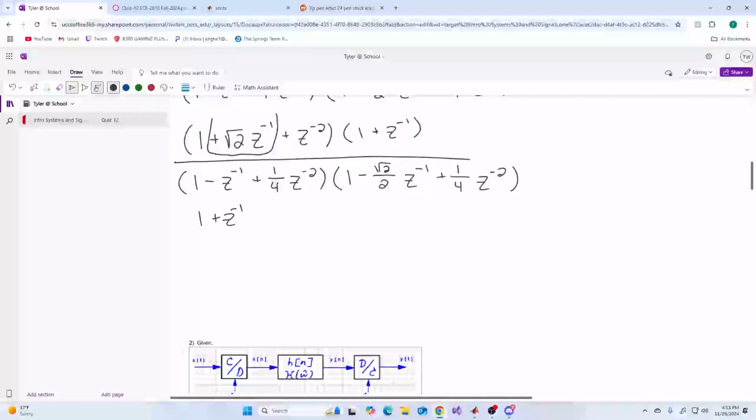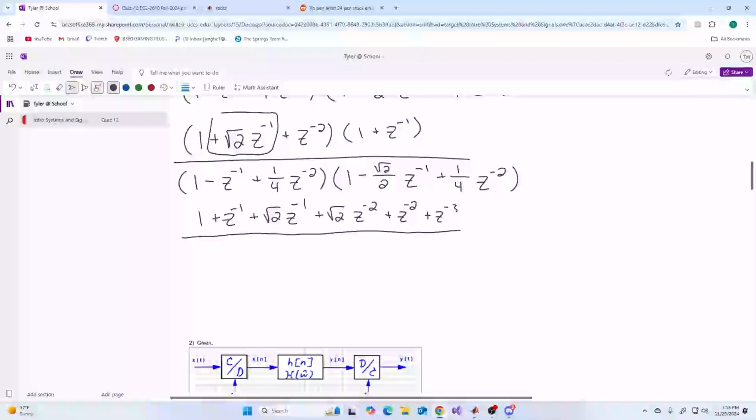So I'm going to have plus root 2 z to the power of negative 1 plus root 2 z to the power of negative 2, and then plus z to the negative 2 plus z to the negative 3.